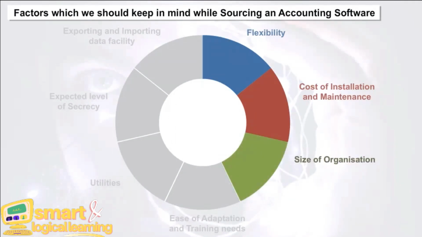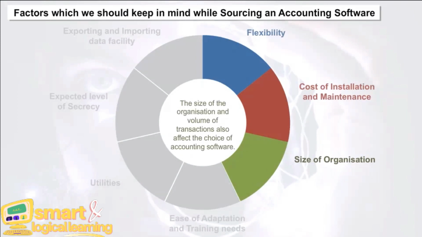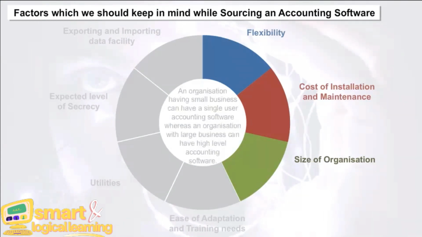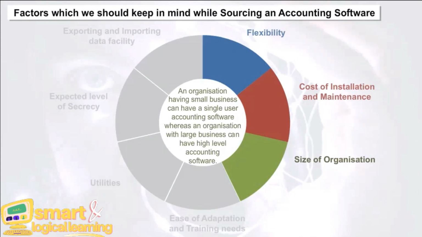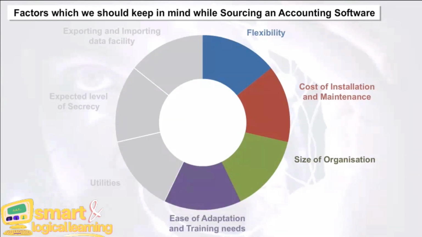Size of organization. The size of the organization and volume of transactions also affect the choice of accounting software. An organization having a small business can have single-user accounting software, whereas an organization with a large business can have high-level accounting software. Ease of adaptation and training needs.